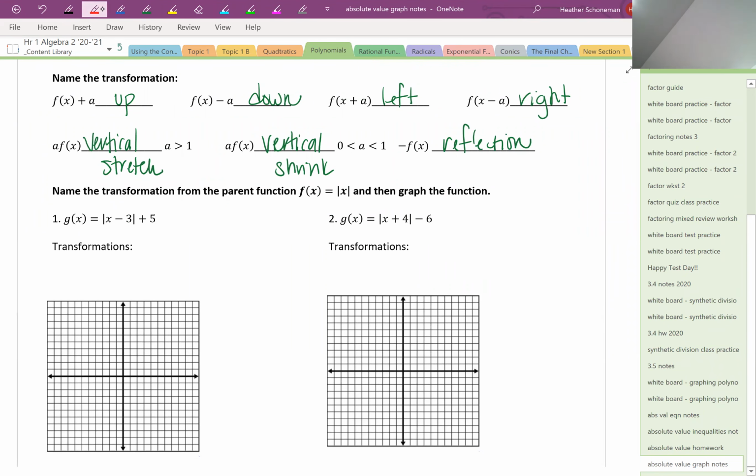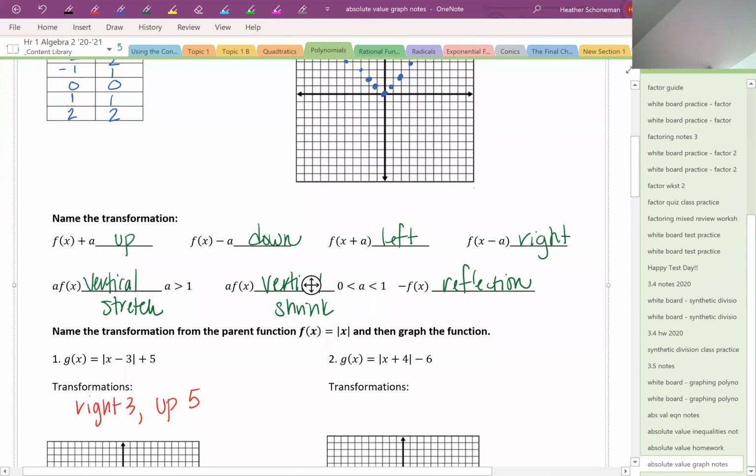We're going to state what the transformations are, and then we are going to graph it. Okay, so on this one, the -3 inside is the opposite of what we think, so it's going to be right 3, and the +5 is going to be up 5.